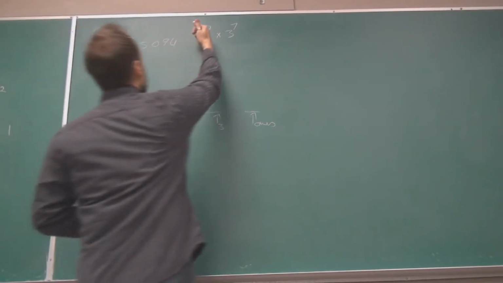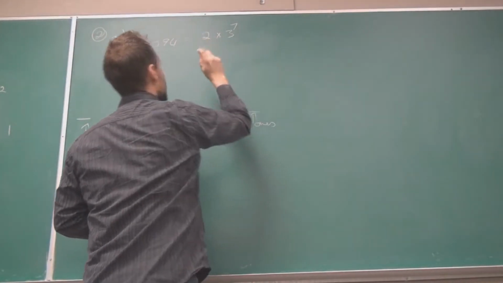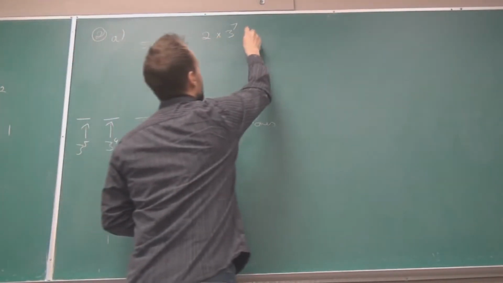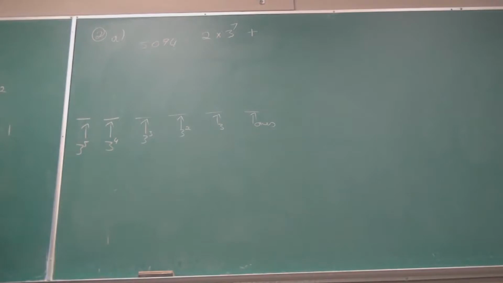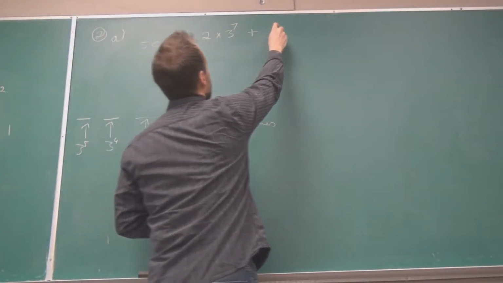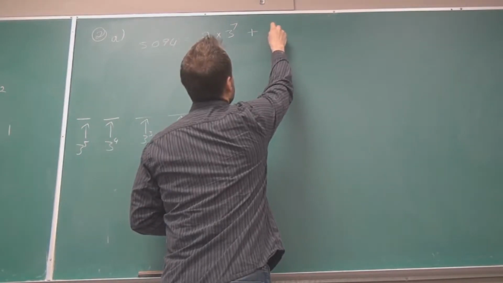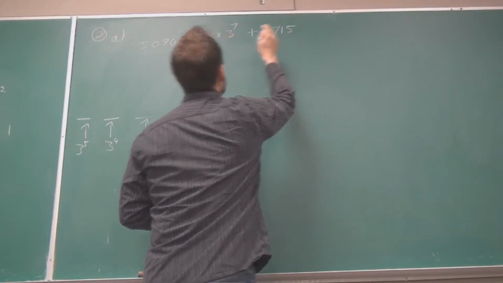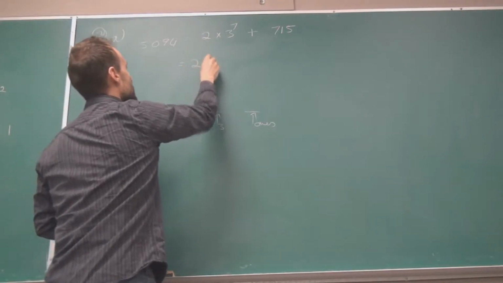I have a digit for 2, so that would be good. Then I have an amount left over. So the 5,000 amount minus 2 times this. What do I have left over? 715. And then I just keep going.